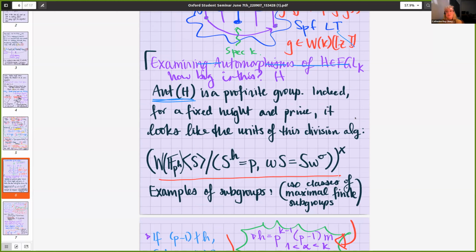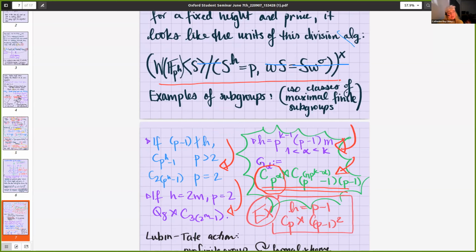If we take the group cohomology and tensor with Q, this is in an upcoming paper, we know that the action rationally is in fact trivial. But we don't know the action integrally at all.